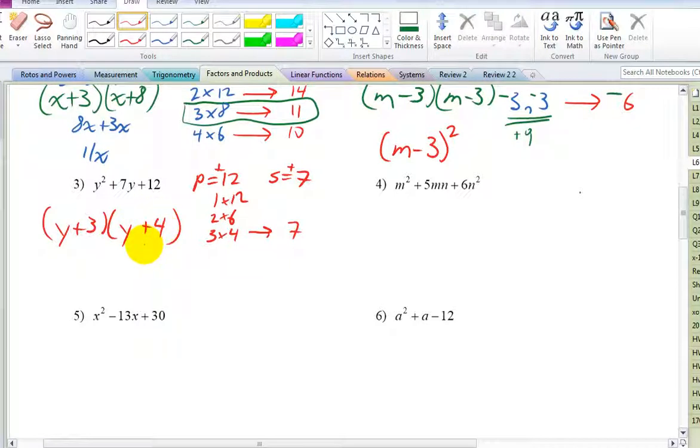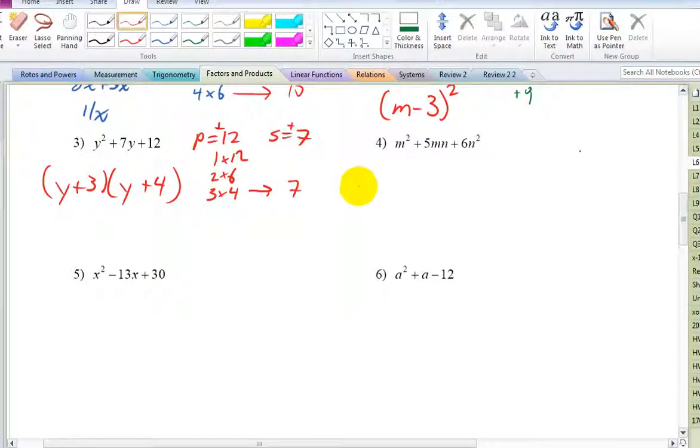Awesome. Okay, so now question number 4, we made it a little bit harder because we have different letters. So please note, your M's come from the front. So we should have an M and an M. And I know that because I have a single N letter in the middle. And the N squared comes from the back, the last factor.